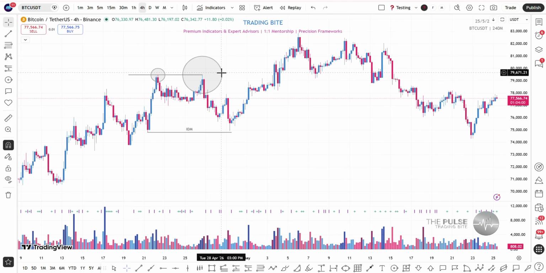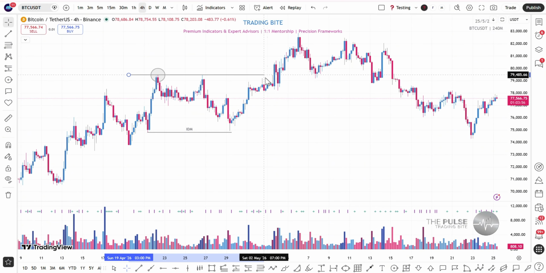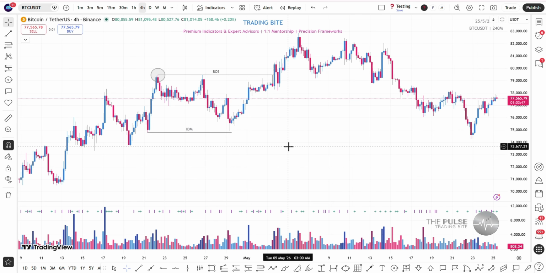Now if we mark this, can we mark this one as our valid breakout structure? Since the liquidity has not been taken at this point and the market moved upward and closed above, we will not call it a valid breakout structure.